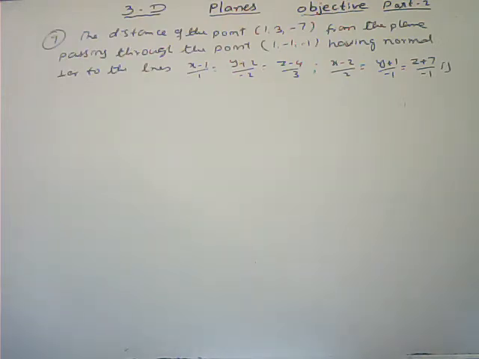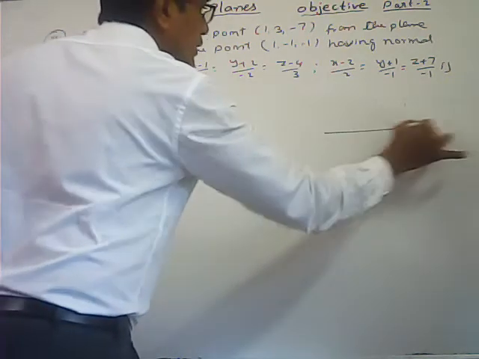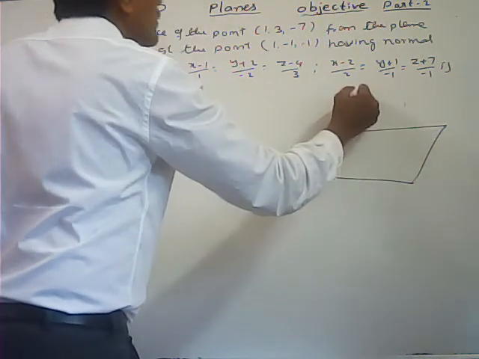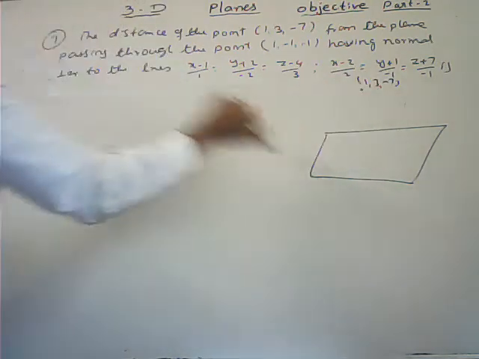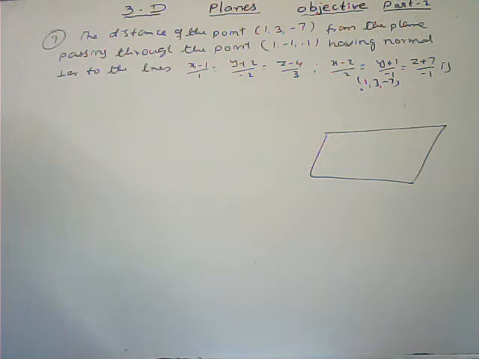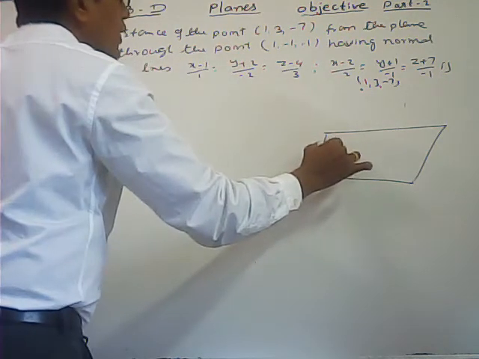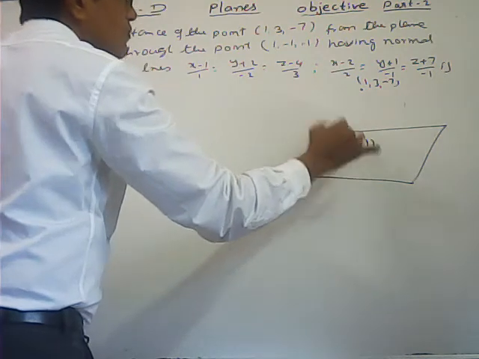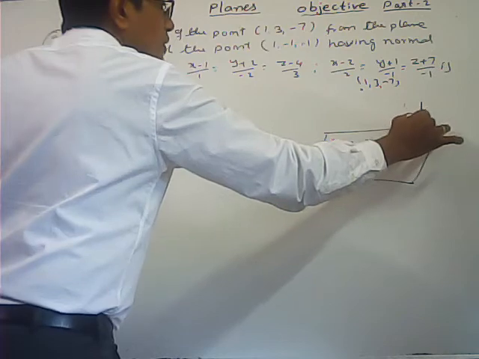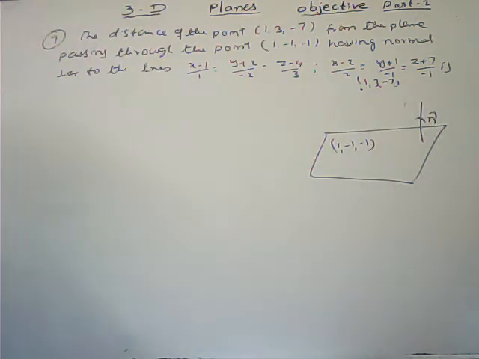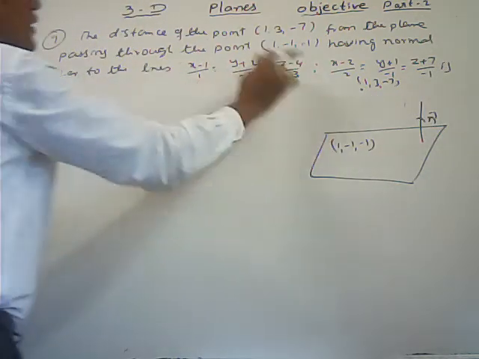Next one, the distance of the point 1, 3, minus 7 from the plane. Here we want the distance from the point 1, 3, minus 7 to the plane. Here the plane equation is not given directly, but that plane passes through the point 1, minus 1, minus 1 and its normal is perpendicular to both the lines.